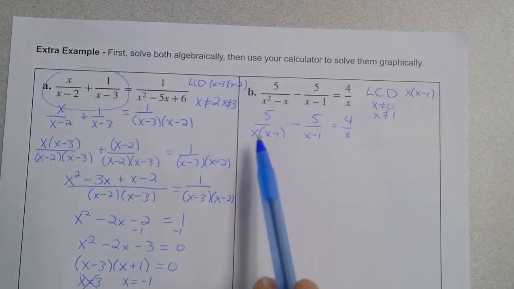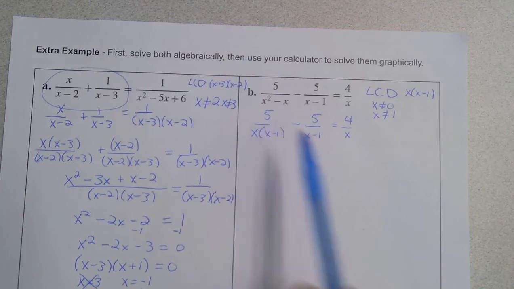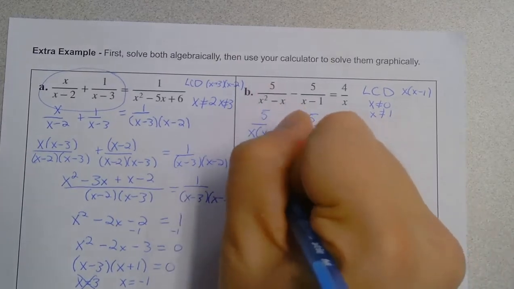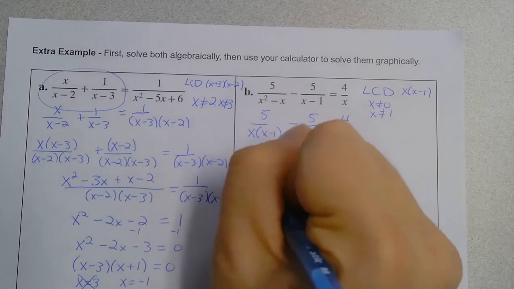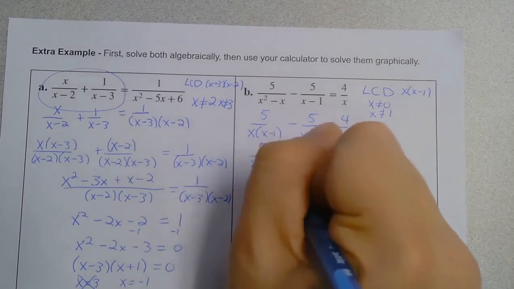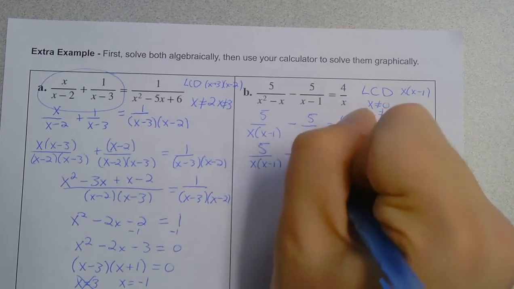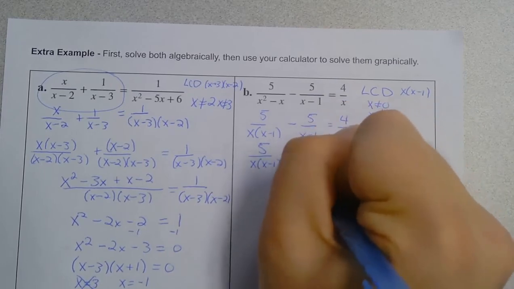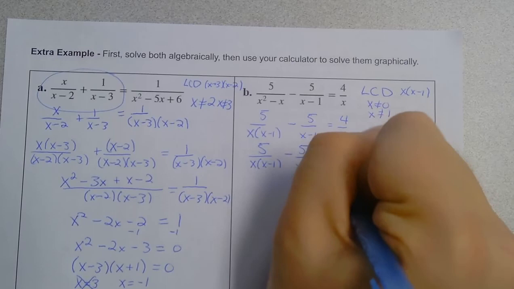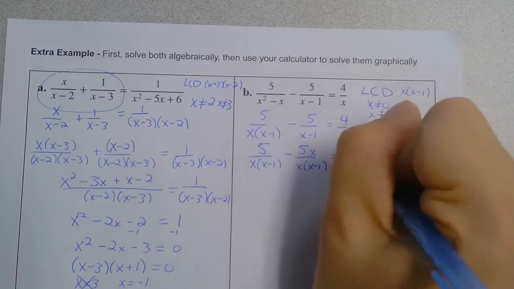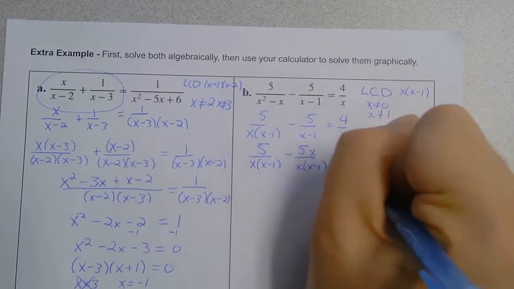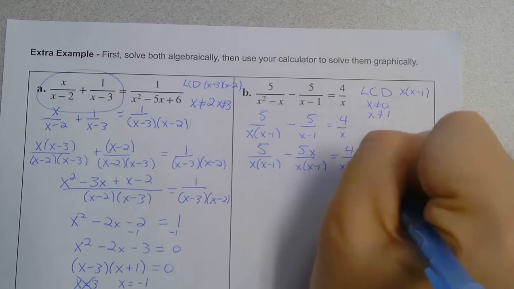So to multiply to get my LCD, I don't need to do anything here. So I'm going to have 5 over x times x minus 1. And then minus, I'm going to multiply by x here on both sides, so 5x, and then times x minus 1. And then that's 4 over x, and then times x minus 1.